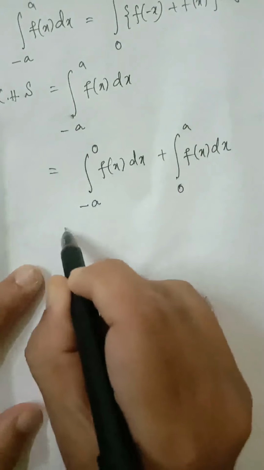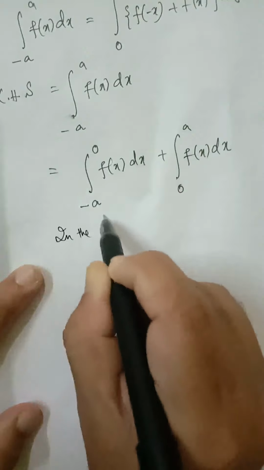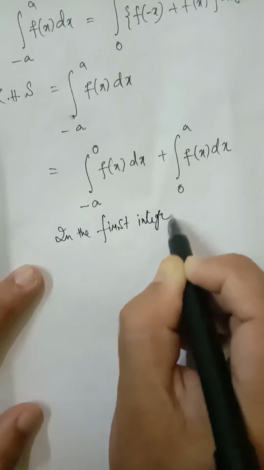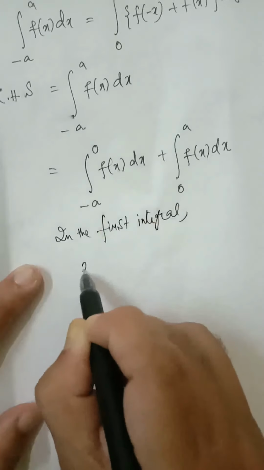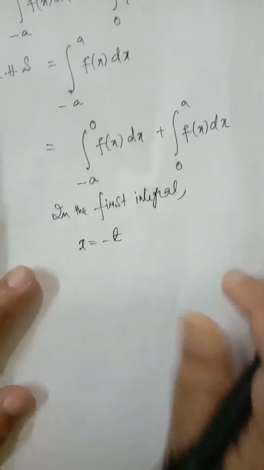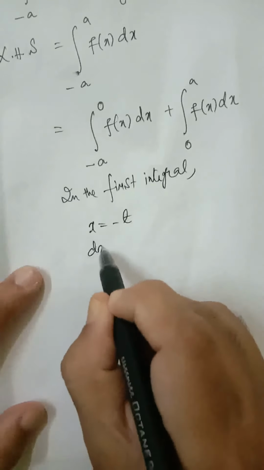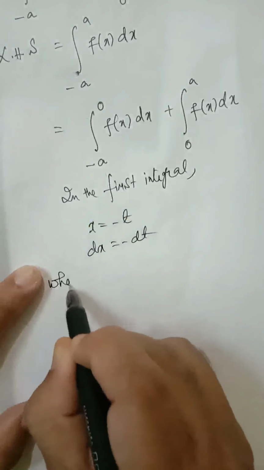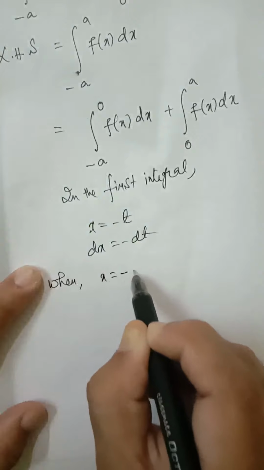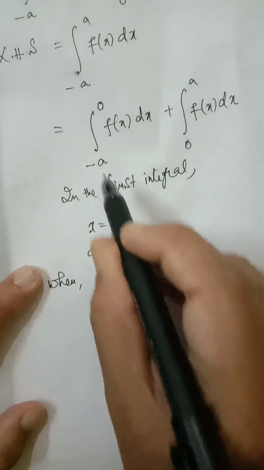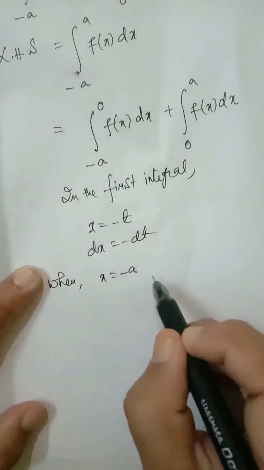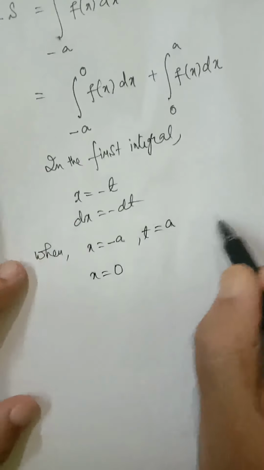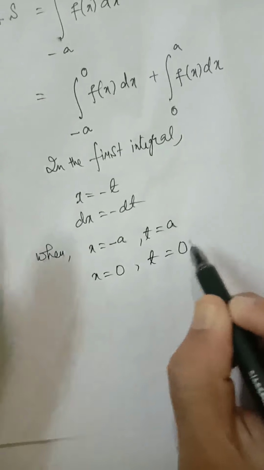Now, in the first integral, we will put x equal to -t. So dx will be -dt. When x equals -a, t will be a. When x equals 0, t is also equal to 0.